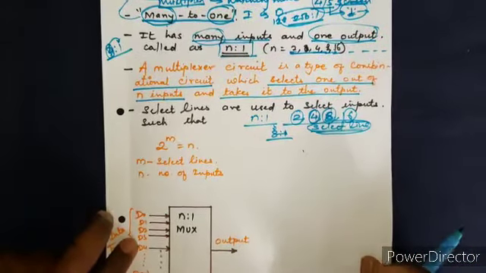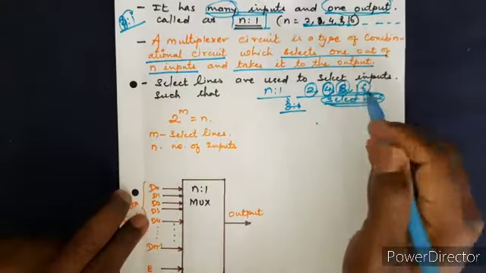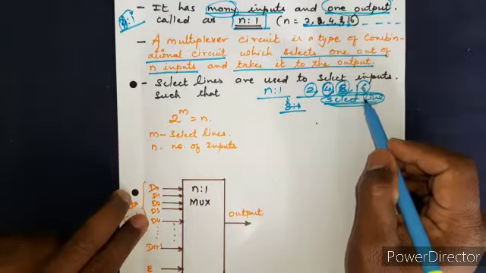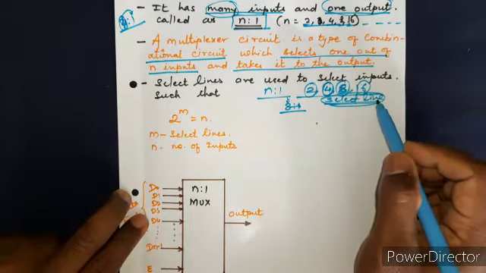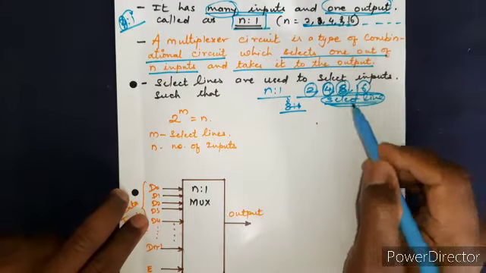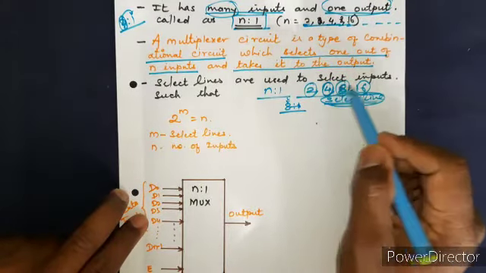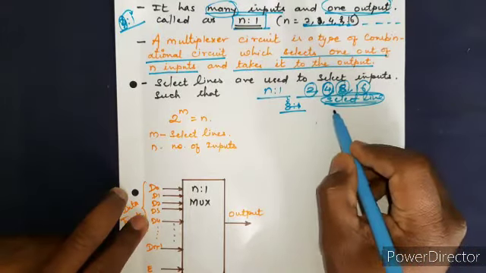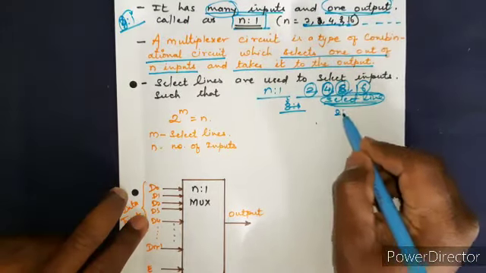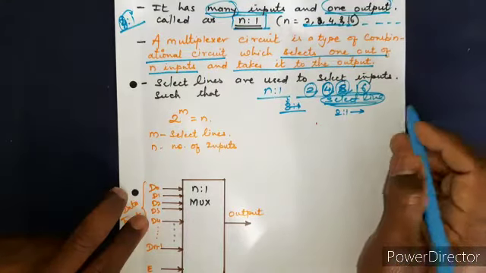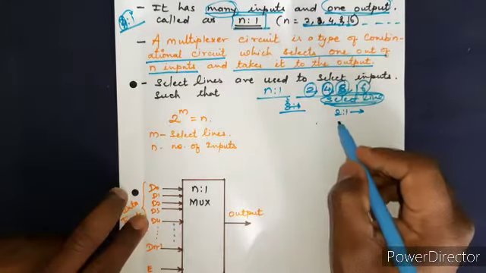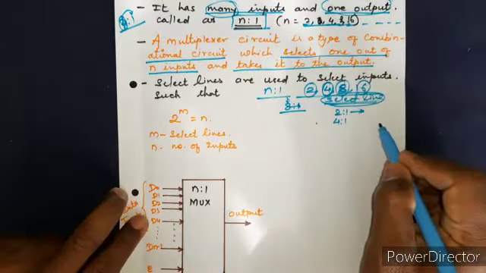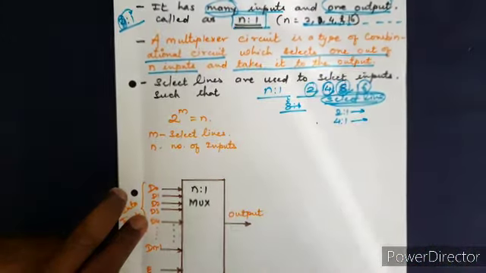And how am I going to select the lines, or how many select lines would be required for a specified multiplexer? Said another way, if it is 2:1, how many select lines are needed? If it is 4:1, how many select lines are needed?